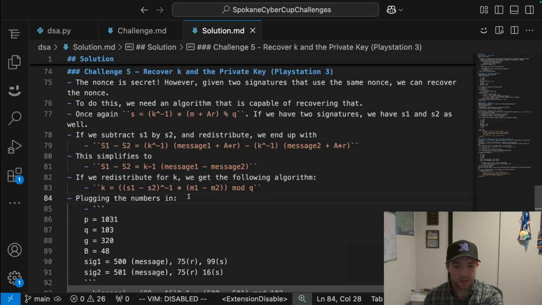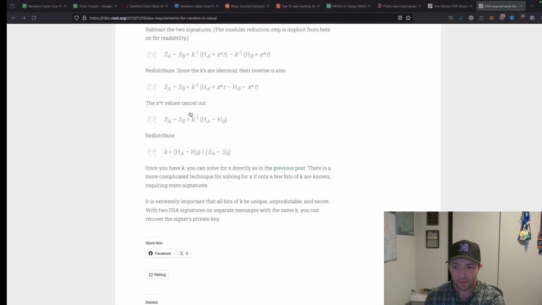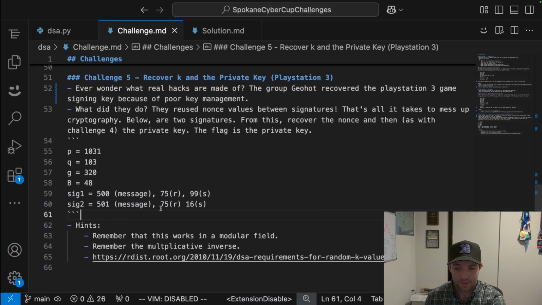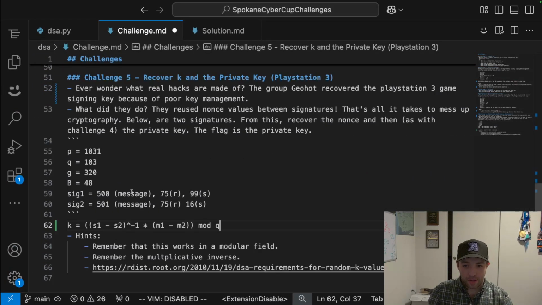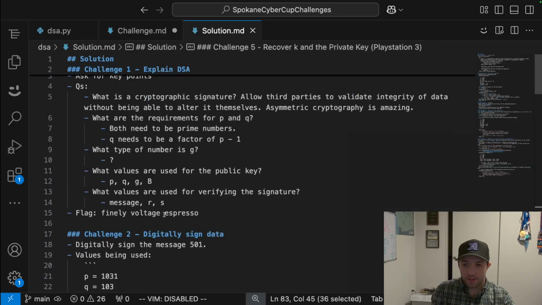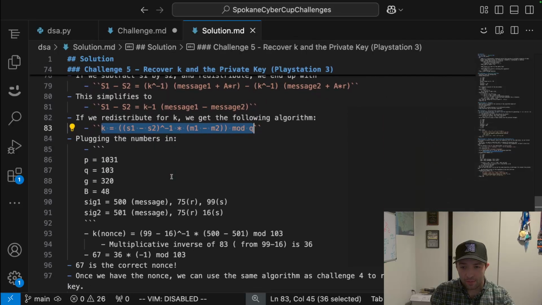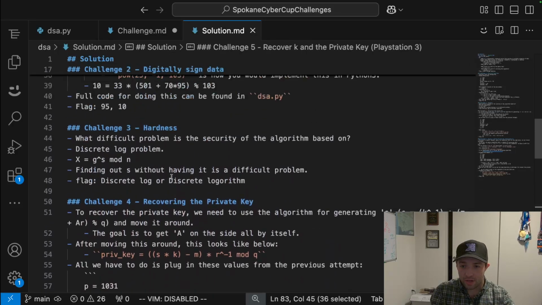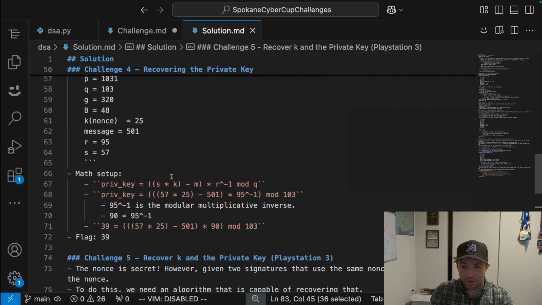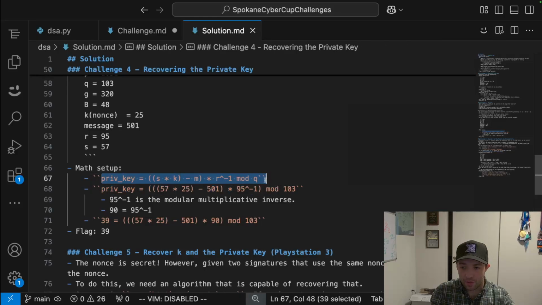So at this point, it just comes all about plugging numbers in. So we have this algorithm both from the solution, but that is also here as well. So just so I have the numbers in front of me, I'm just going to copy this there. And then for the second part of the challenge, with the K recovery, which was in challenge 4 as well, I'm going to copy that.